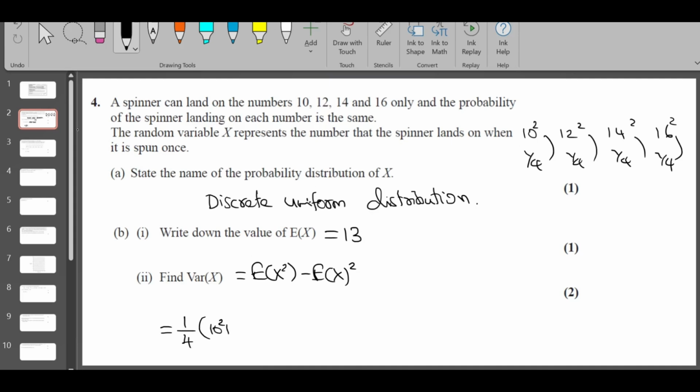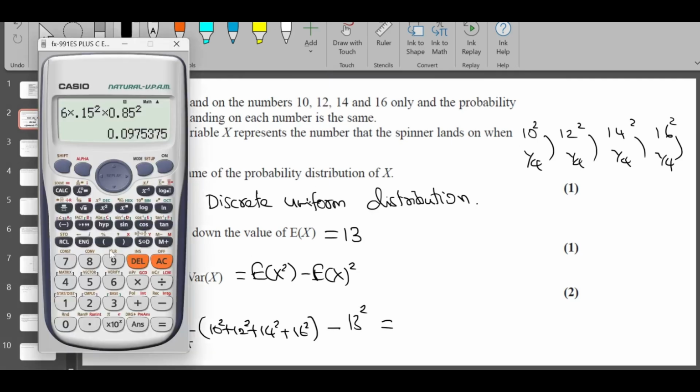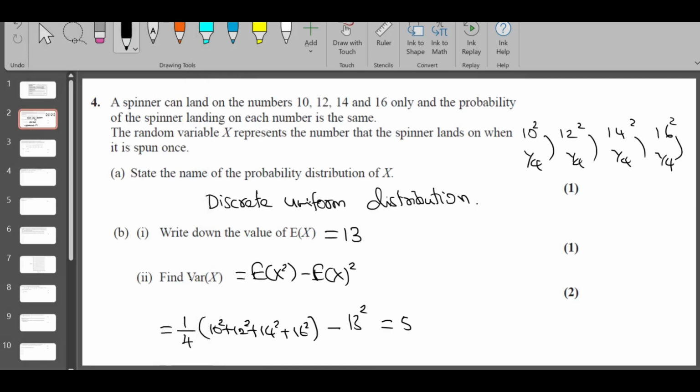You will get 10 square plus 12 square plus 14 square plus 16 square, over 4, minus 13 square. You get 5. That's the variance of X.